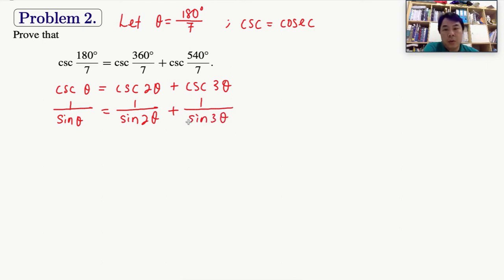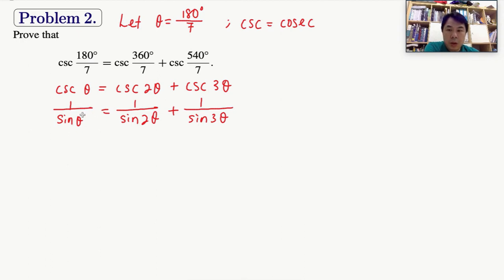Okay. And then, of course, I'm not a fractional person, so I tend to reduce everything, all the fractions, so that it looks like an integer equation, that is a linear equation that is rather easy to solve. So here you can multiply with sine theta, sine 2 theta, and sine 3 theta on your left hand side and on your right hand side here, right?